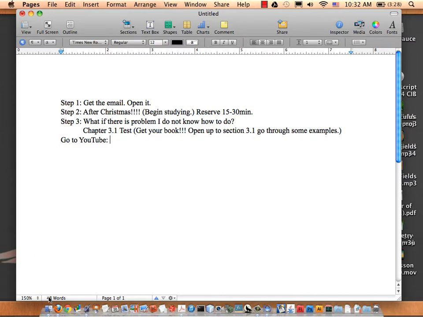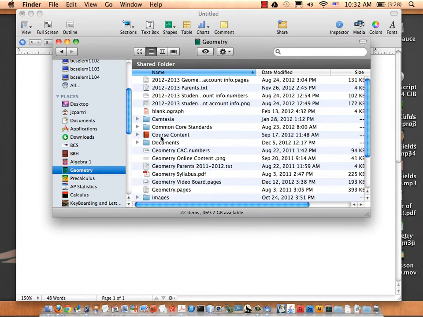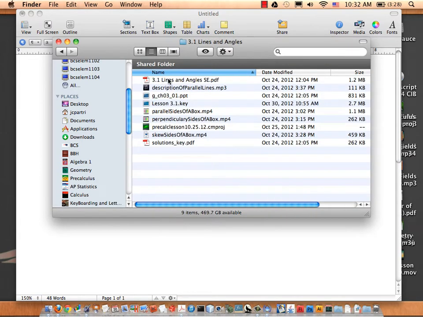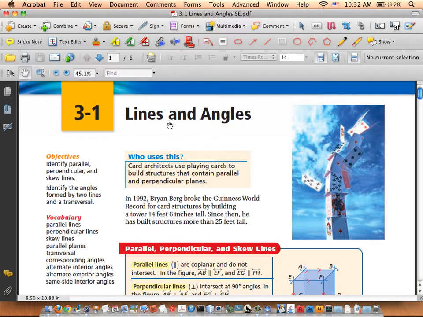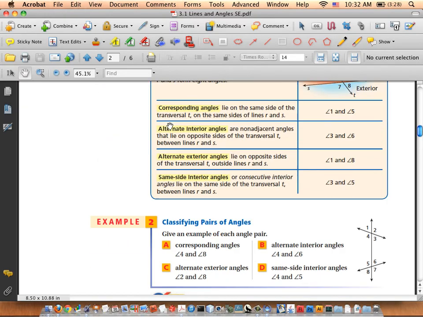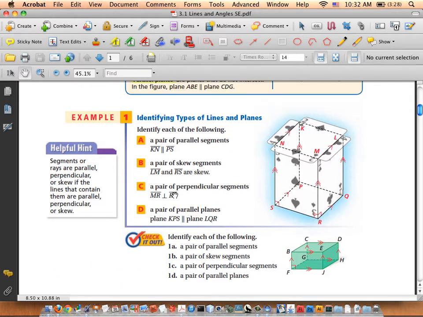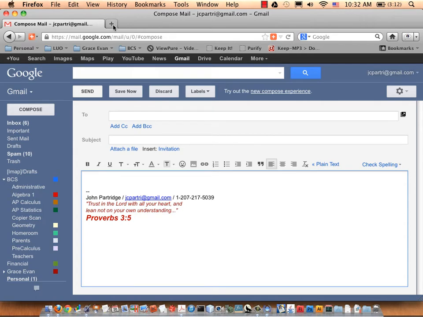So for example, let me go to section 3.1 and let's just look at what section 3.1 is all about. Lines and angles. So this section is about lines and angles, 3.1. And let's say you don't know what skew segments are. So what you can do, let's just see if we can find something real quick here.